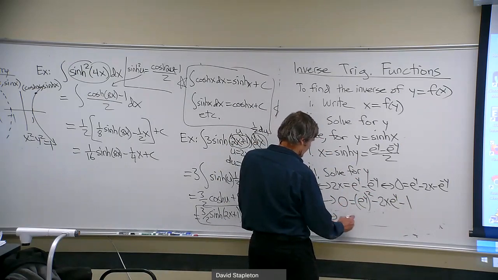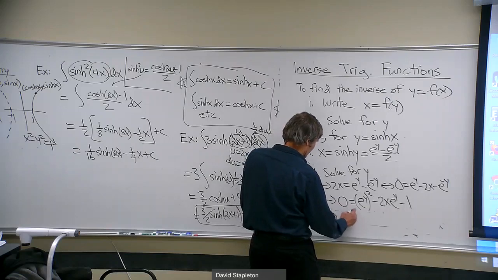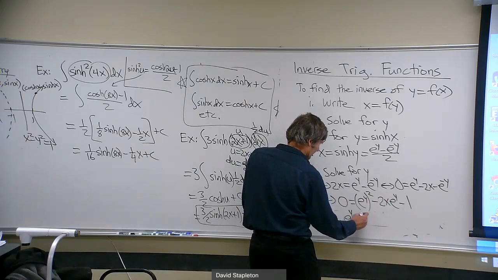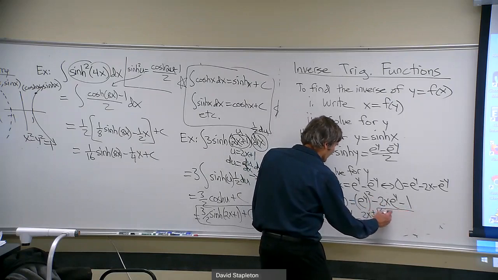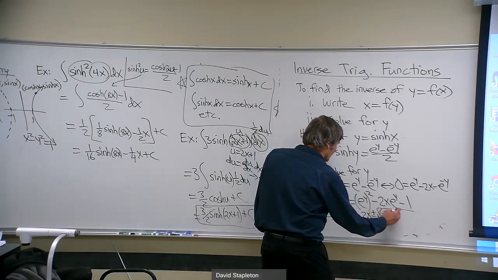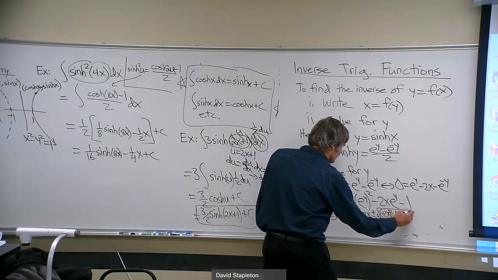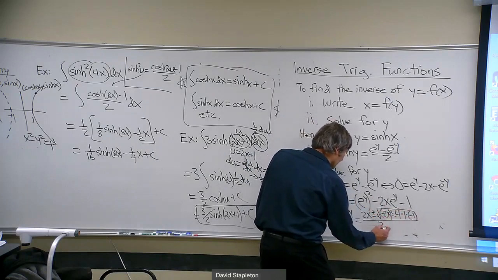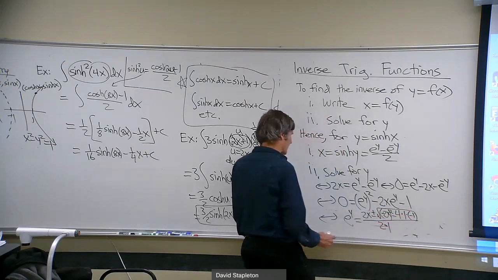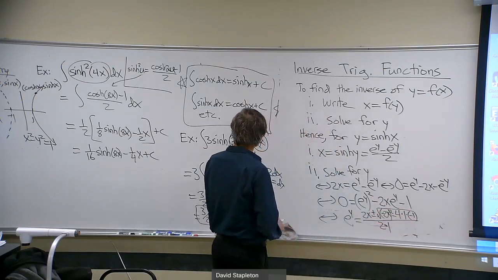I can say that u, or e to the y, is equal to minus b, which is plus 2x, plus or minus square root of b squared, which is minus 2x squared, minus 4 times a times c, all over 2a. So by the quadratic formula, we find e to the y.